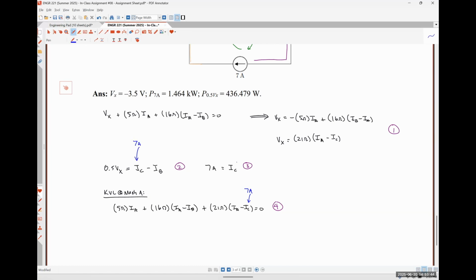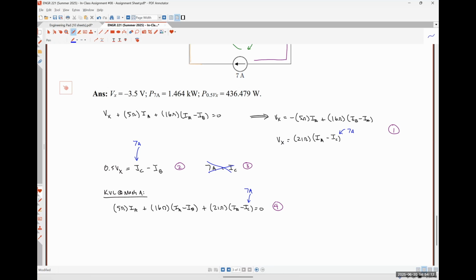That way we don't need this guy right here. Okay. So my variables, when I put them into my calculator, are going to be IA, IB, and VX. Starting with the equation that I have labeled 1, my coefficient for IA would be 21.